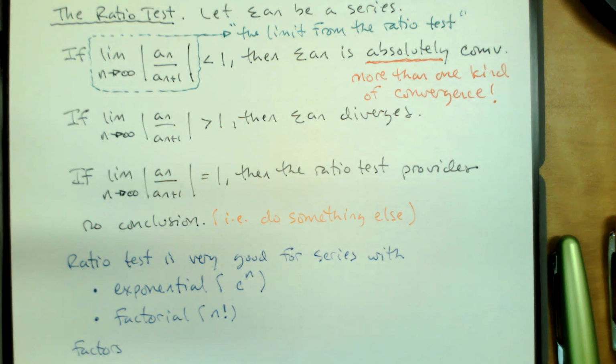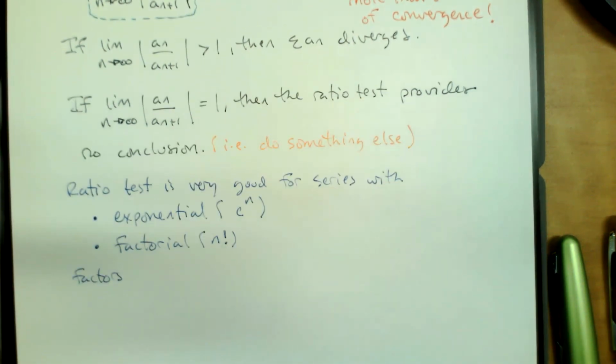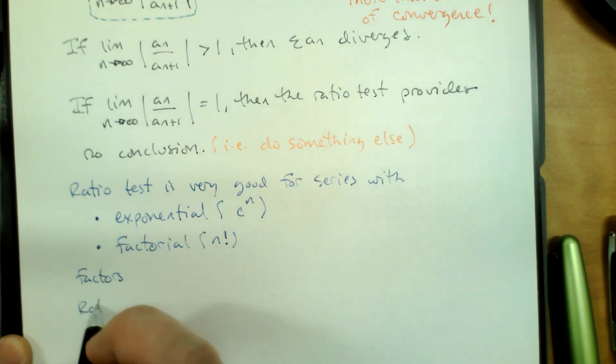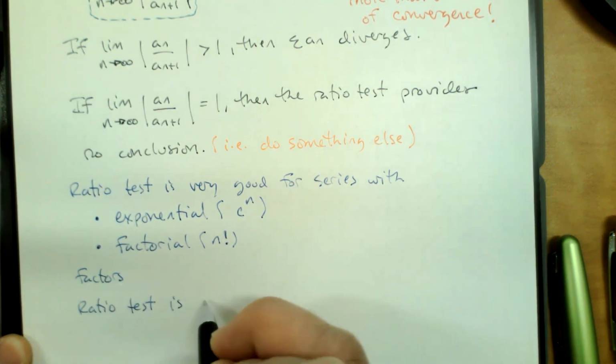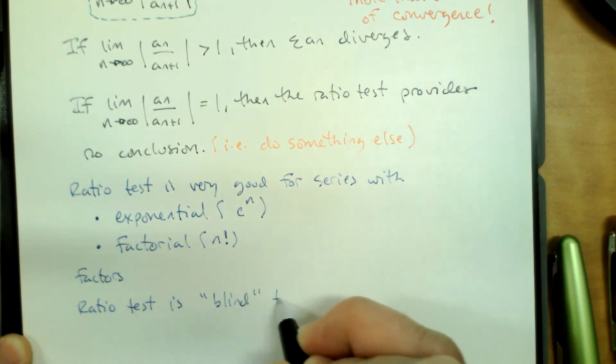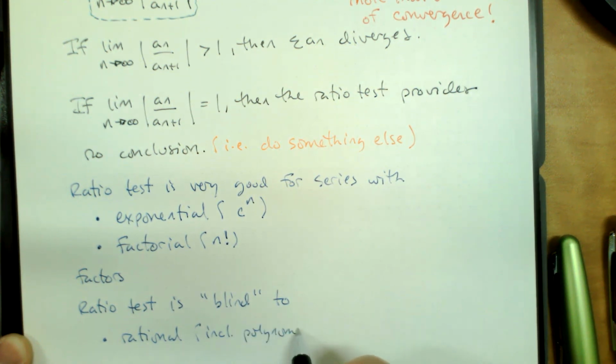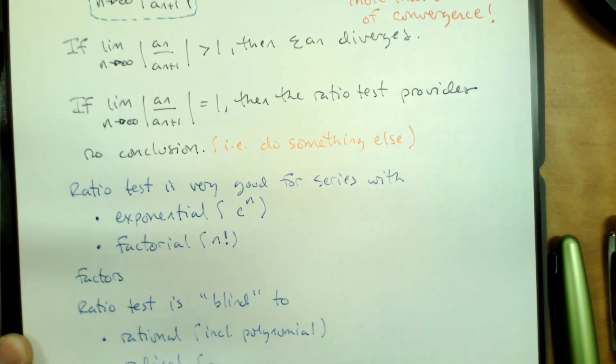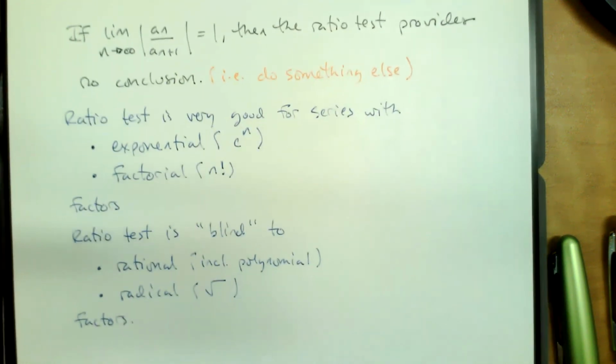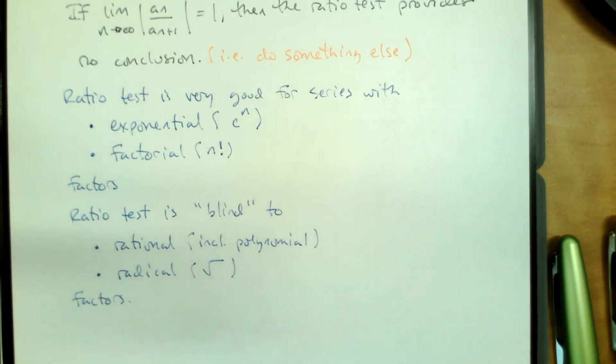The ratio test is blind to rational and radical factors. But this is okay.